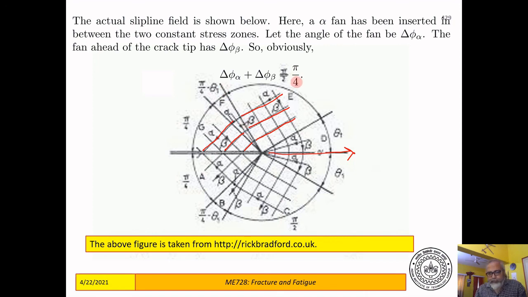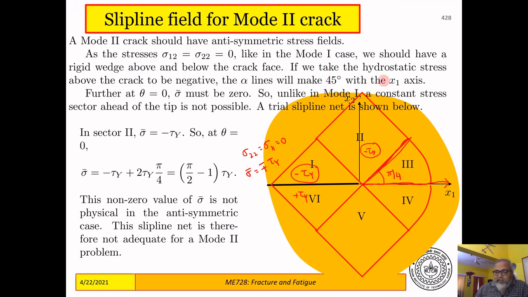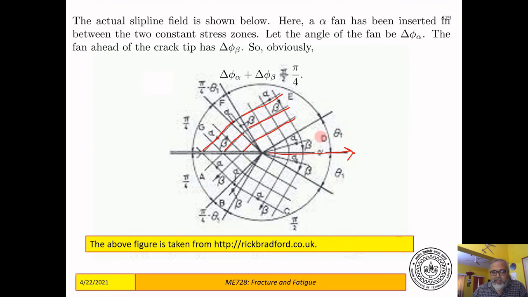Earlier in this net, this angle was pi by 4. Now I have added a smaller sector here. What changes is that the alpha lines are changing direction.